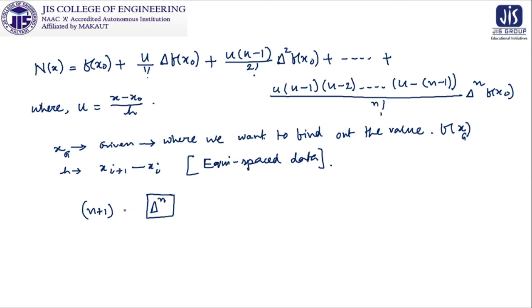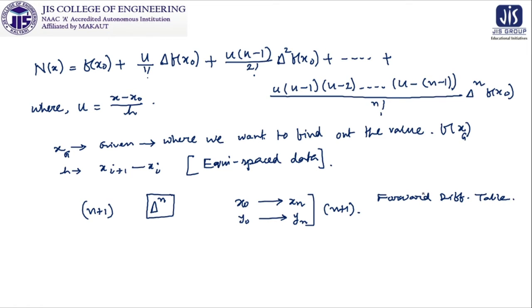Here we have x0 to xn, and corresponding y0 to yn is also known. For this n plus 1 data set, when we construct the forward difference table, we can go at most up to del n, and the value will be del n f x0. Look at this, this is the last term of our interpolating polynomial.